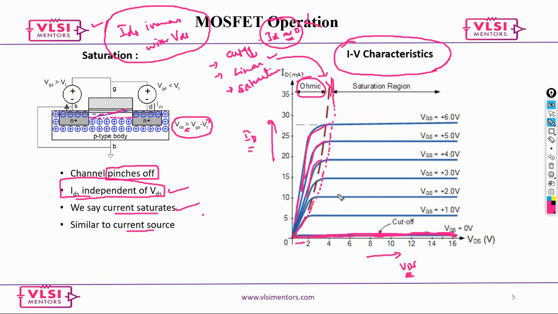Now, when you say current is constant, this is what it is. Your VDS is increasing, even if it is 4 volt or 6 volt or 10 volt.